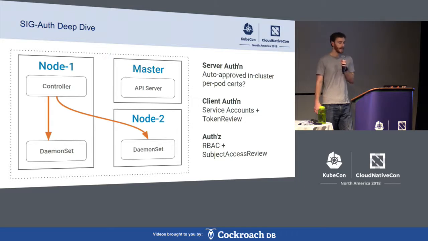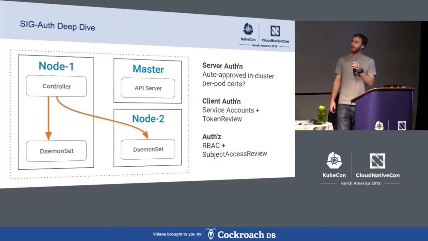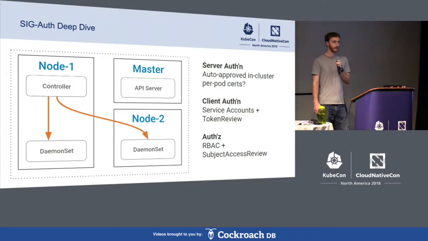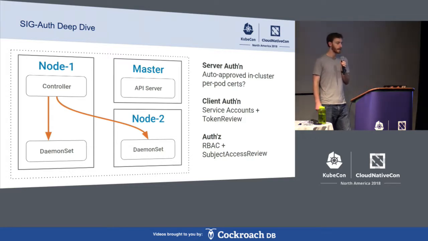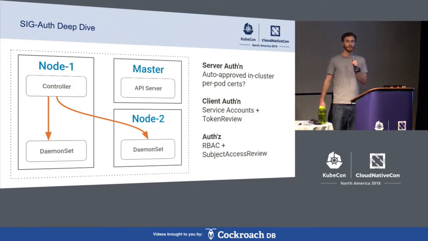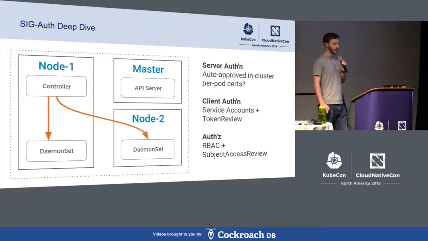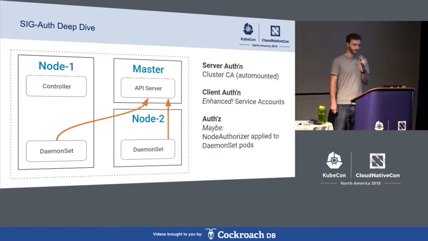Client authentication in this case is basically solved through service account tokens and the token review API, especially with the enhancements. Adding audiences to those tokens means that the token can be dedicated to that specific request. And then authorization, similarly, RBAC plus subject access review.